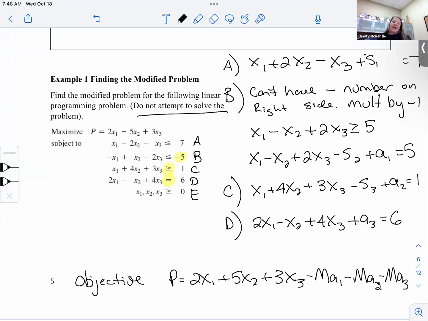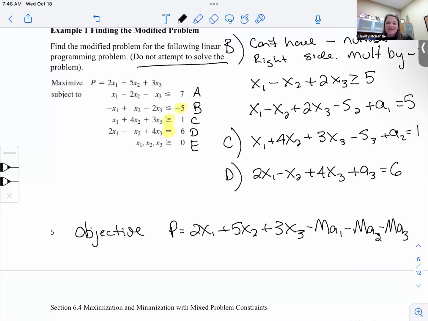So I have 3 M's. Oof. E, I'm too lazy to write out E. E is now going to say X1, X2, X3, S1, S2, S3, A1, A2, A3 are all greater than or equal to 0. Yes, typing those in is a pain. I wish they'd leave that off some of the problems, but it is what it is.